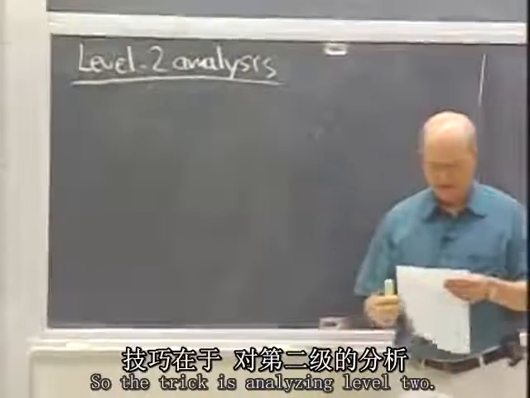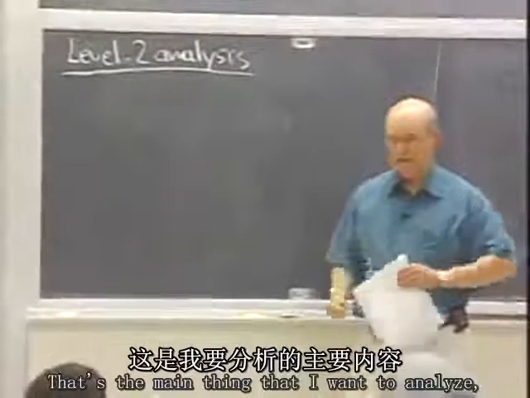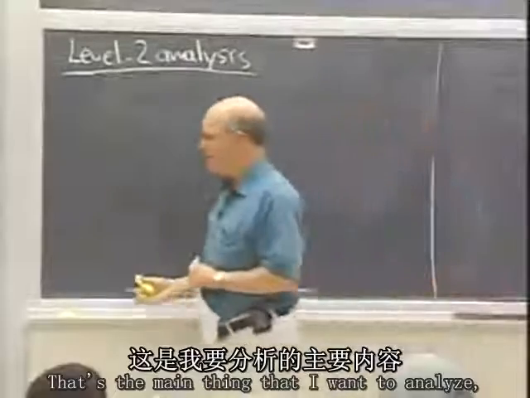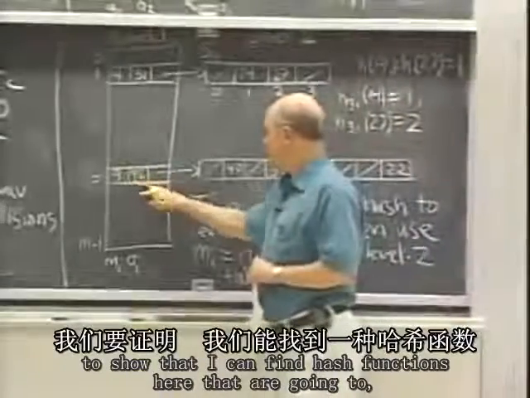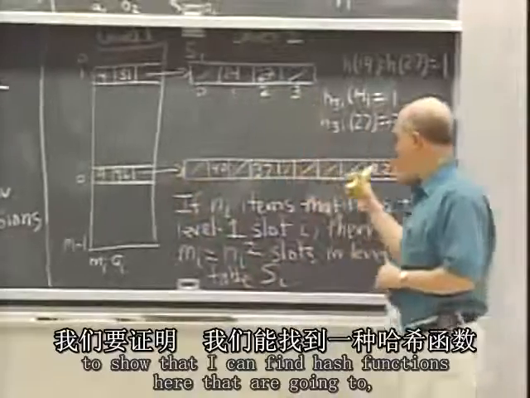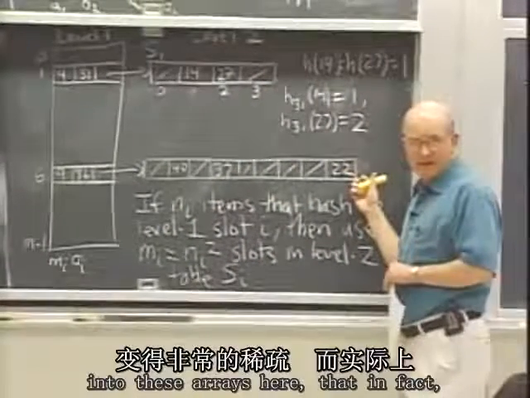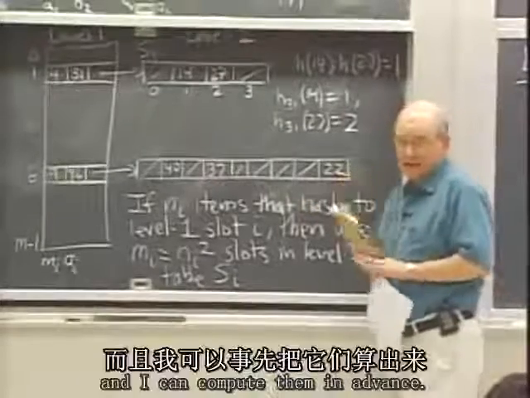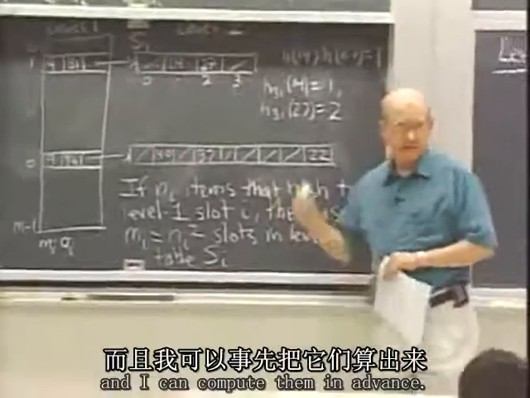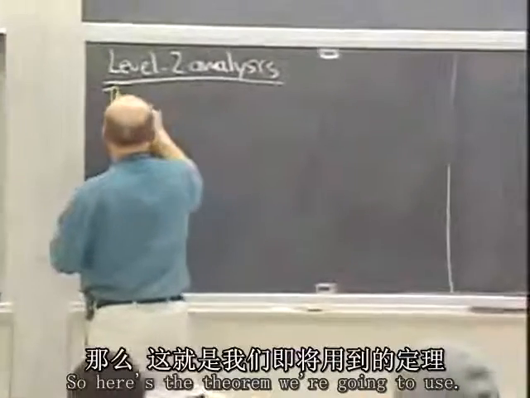Okay, that's the main thing that I want to analyze, to show that I can find hash functions here that are going to, when I map them very sparsely into these arrays here, okay, that in fact such hash functions exist and I can compute them in advance so that I have a good way of storing those. So here's the theorem we're going to use.